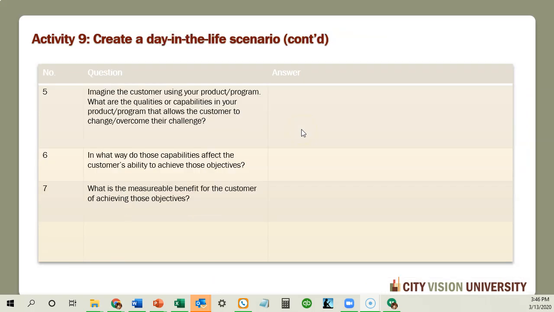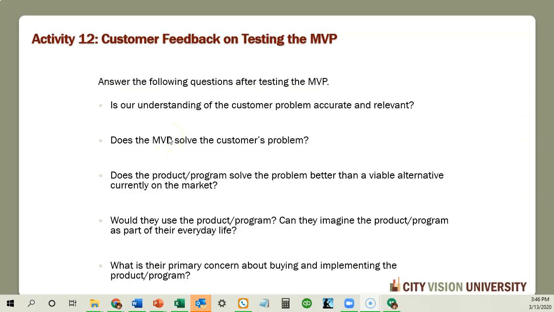And this, again, is analysis that you'll combine more later. And answering these questions. Here's what you want to answer: is your understanding of the customer problem accurate and relevant? Does the MVP solve the customer's problem? Does the product solve it better than the market?